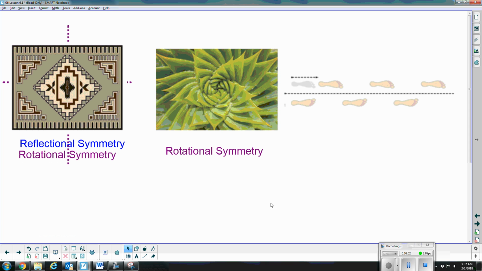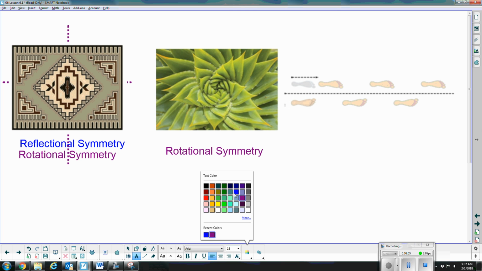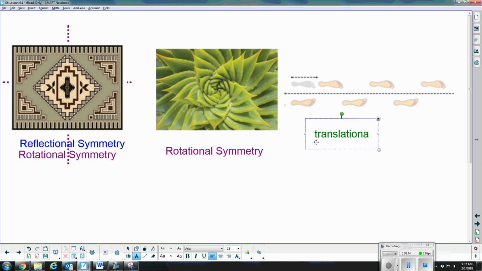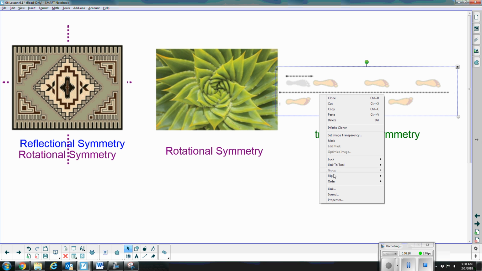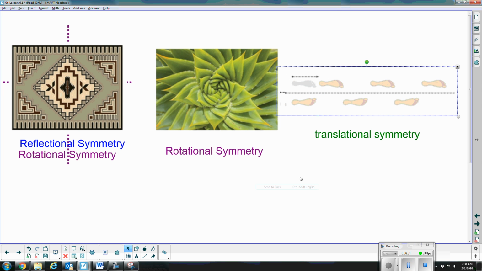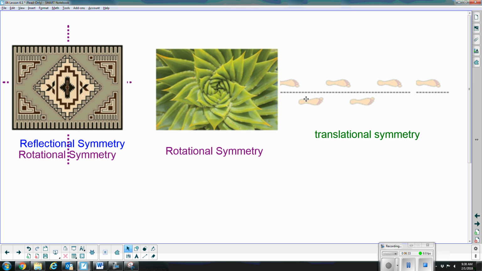And which one of these has translational symmetry? That would be this last one. So translational symmetry means that you can slide the image, and actually let's slide it like this.